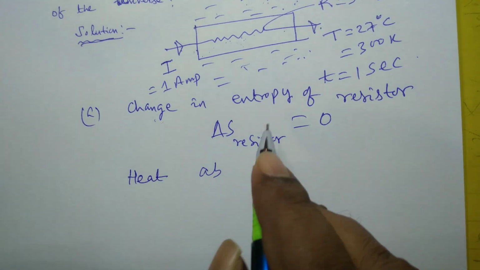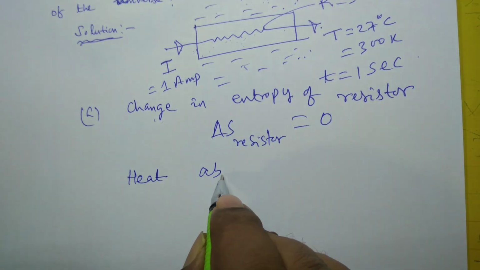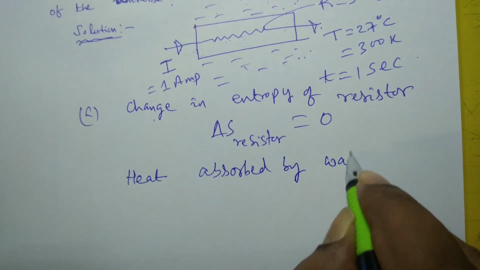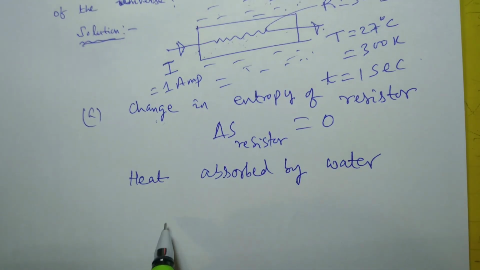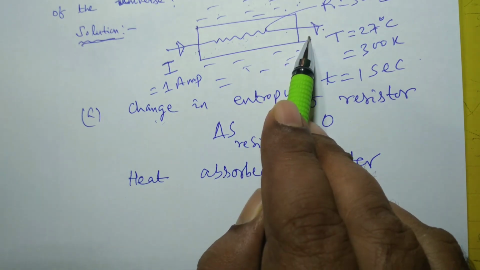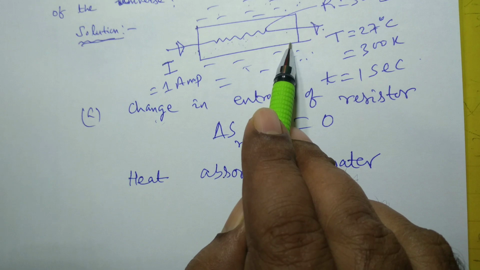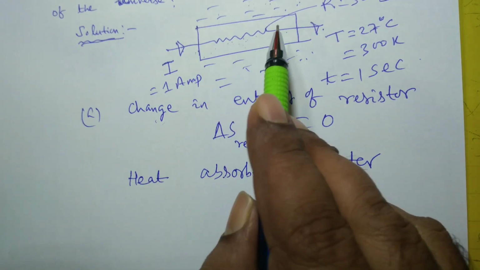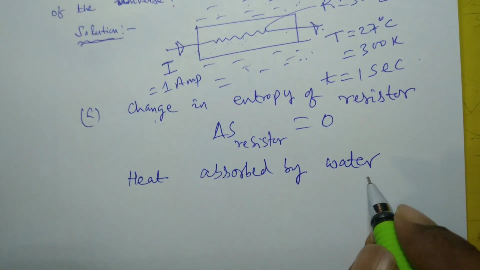We want to calculate the entropy change of water. So how to calculate it? We have to calculate the heat absorbed by water. And you see, the heat absorbed by water here is the same as the heat liberated by the resistor, because the resistor is in the steady state. That means its temperature doesn't increase. Whatever heat is produced by the flow of current through it is taken away by the stream of cooling water.